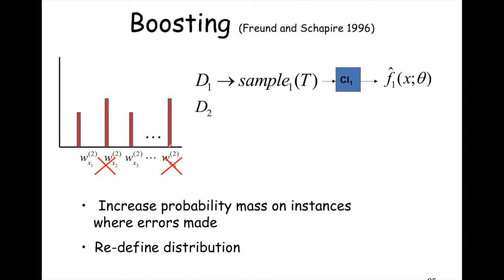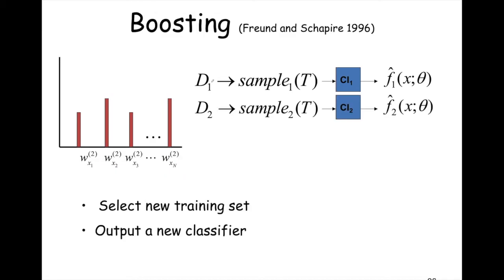Those difficult instances tend to be those at the boundaries between the two categories of data. So you sample from that second version to produce a second replicate, biased towards the more difficult instances after boosting the weights associated with instances, and input that into a classifier inducer, CI2, to produce your final best hypothesis, your estimate F2 hat.